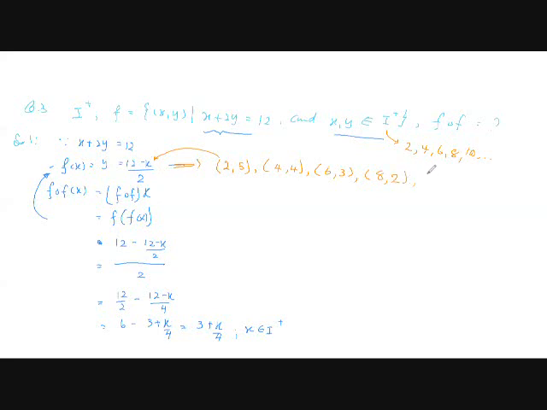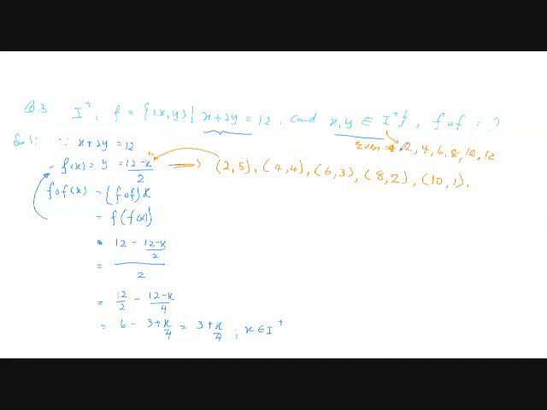And next, if x equals 10, 12 minus 10 becomes 2, so y equals 1. Okay, so if you go on, 12 should be even, right? Because if you replace with 3, 12 minus 3, it comes out not an integer anymore. So this should be an even number. The value of x should be an even number only, a positive even number.